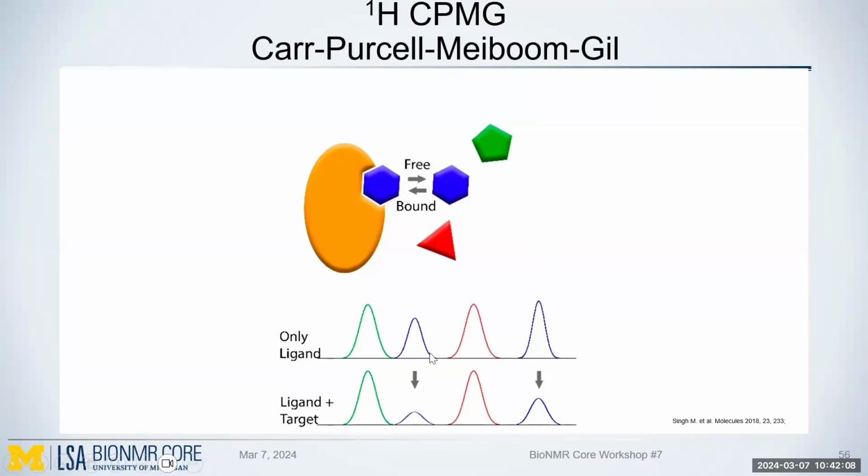In the ligand-only spectrum, all peaks are positive, and they are all strong and sharp. After you add the target, for the ligand that binds to the target, you can see that the peak intensity reduces and the peak also gets more broad, while for the non-ligand, the peak remains sharp and strong.